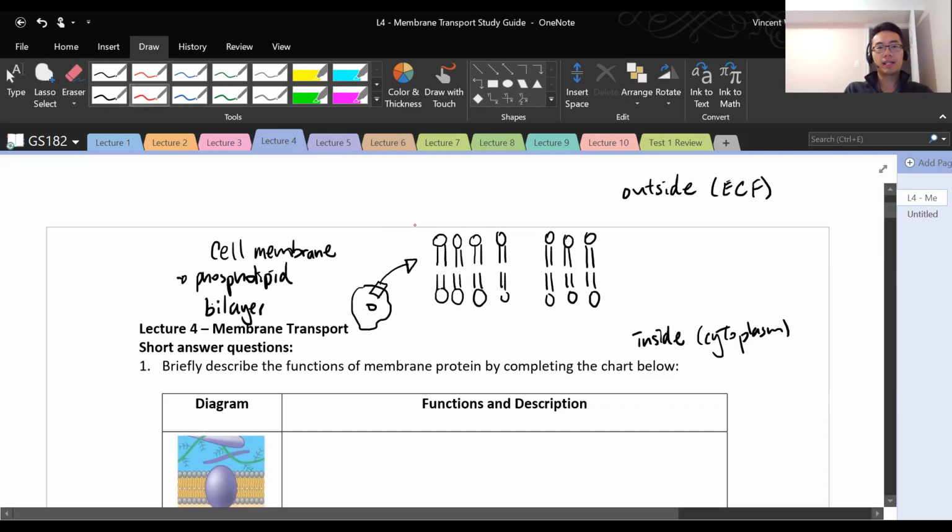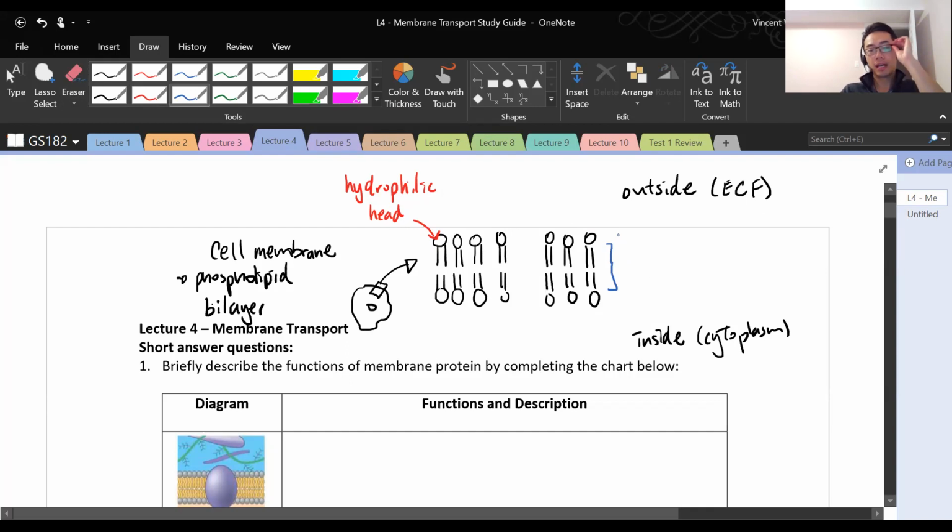Okay, so what we have is the hydrophilic head. Okay, hydrophilic means water loving. They will interact well with the liquid environment, mostly water, the ECF. Okay, and the cytoplasm is also mostly water. You would also have the hydrophilic head on the inside. And then sandwiched between the hydrophilic heads would be the tails. Right?